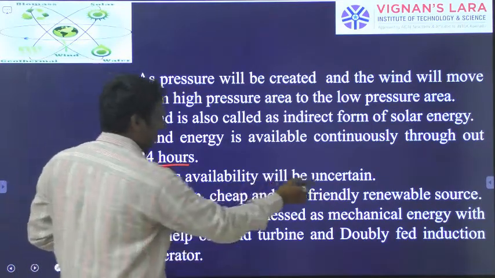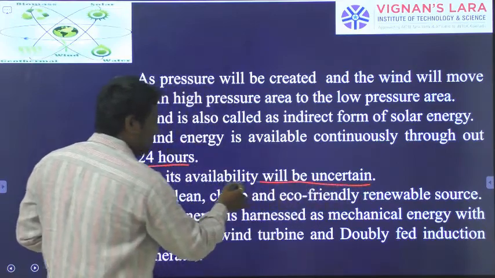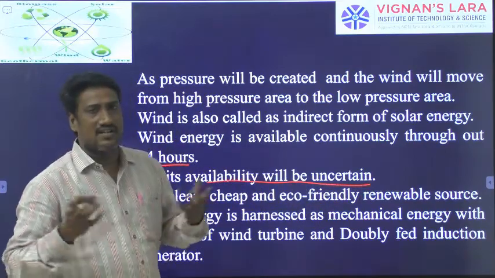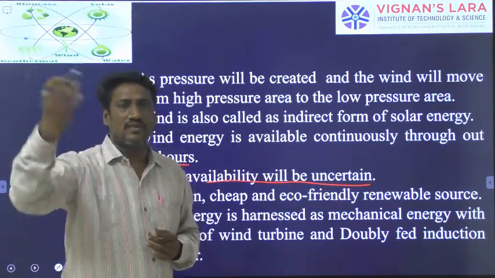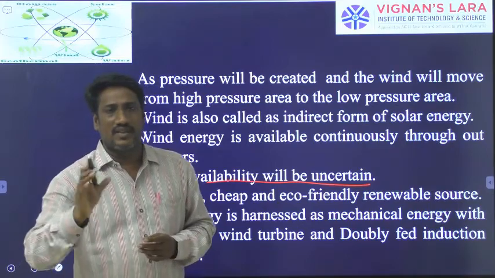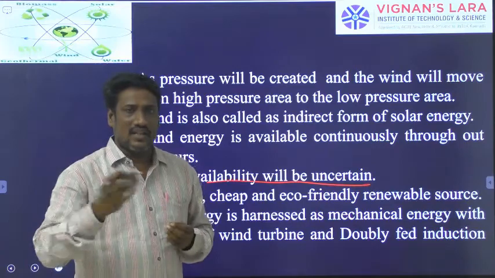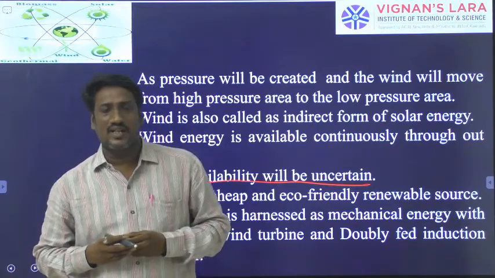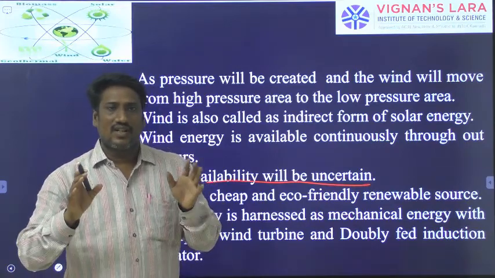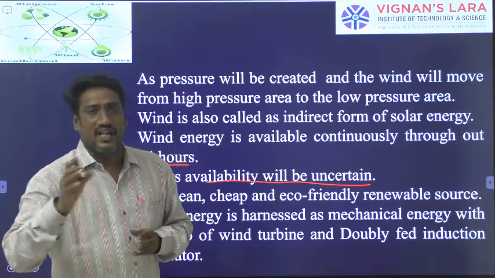The magnitude of wind is continuously varying. Sometimes it will blow with a high speed, sometimes with a low speed. The generators which are available to generate electrical energy can work satisfactorily with a constant speed only.